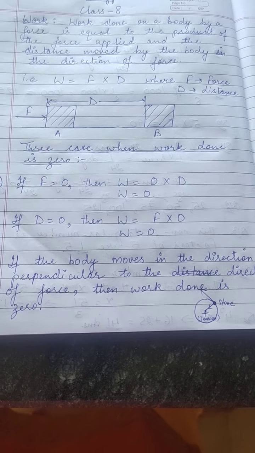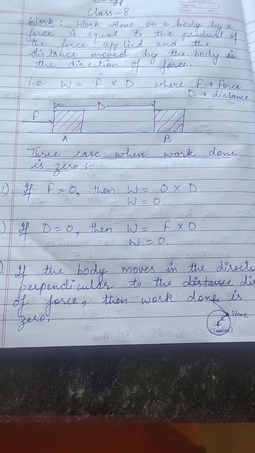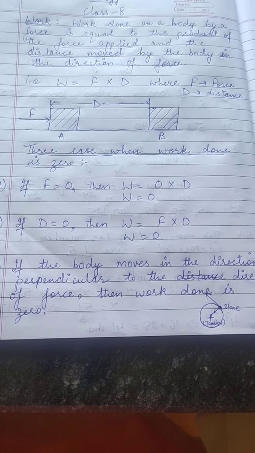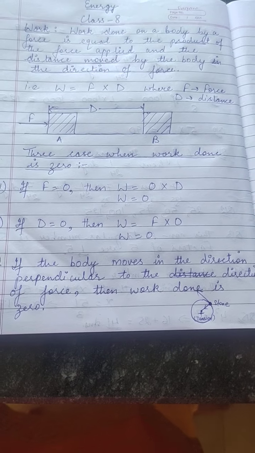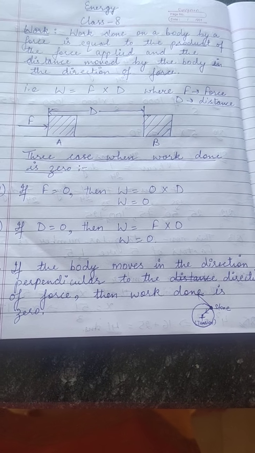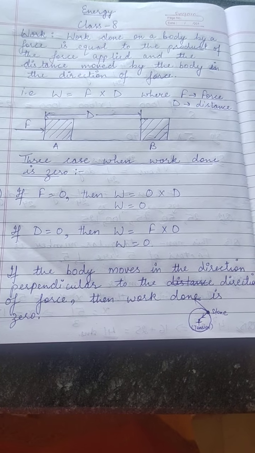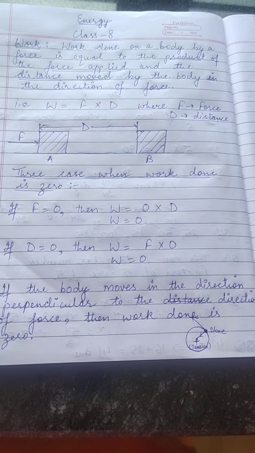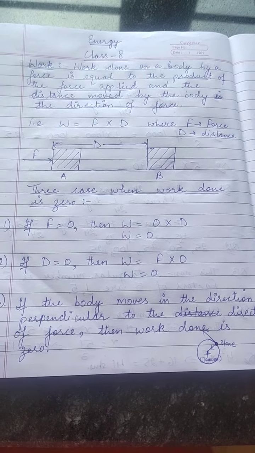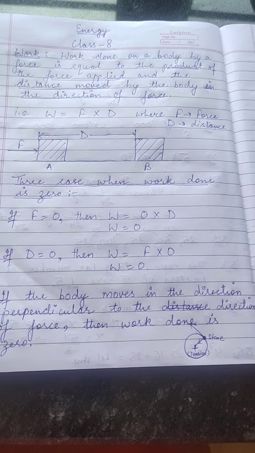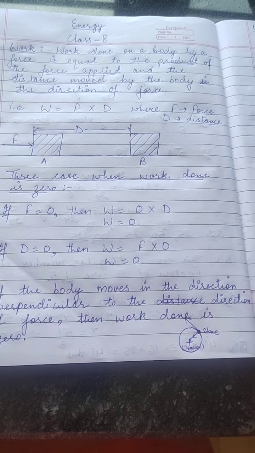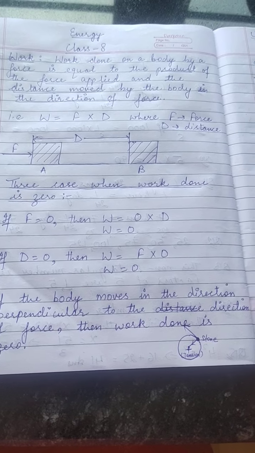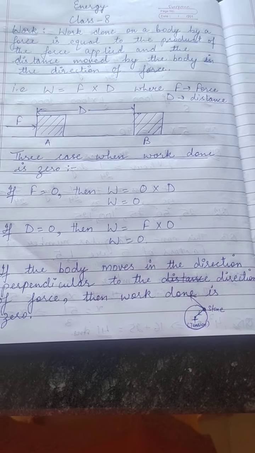If we are applying force but the body is not changing its position, it is not moving, then the work done will be 0. If the body moves in a direction perpendicular to the direction of force, then the work done is 0. So this is the third case, that whenever a body is moving in the direction perpendicular to the direction of force, then the work done is 0.